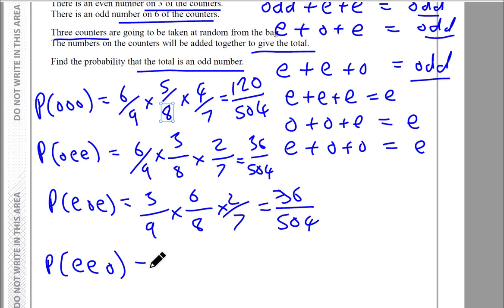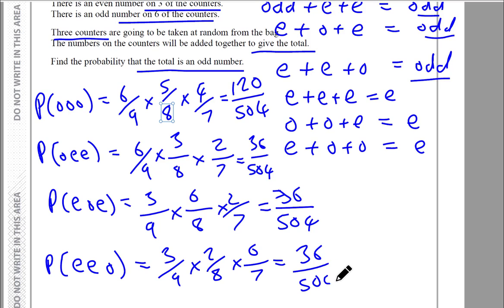And PEEO, imagine that's going to be the same. So it's 3 out of 9 times 2 out of 8 times 6 out of 7. Yeah, it's going to be 36 out of 504. Let's add that together.